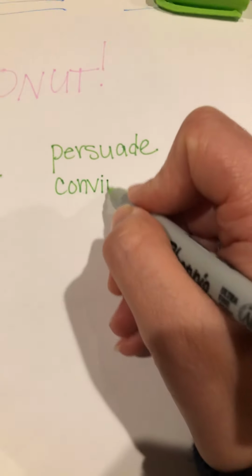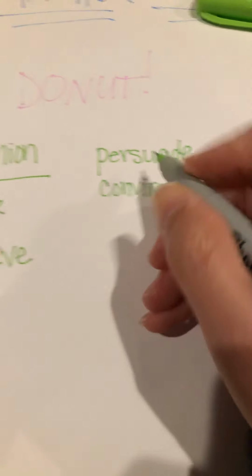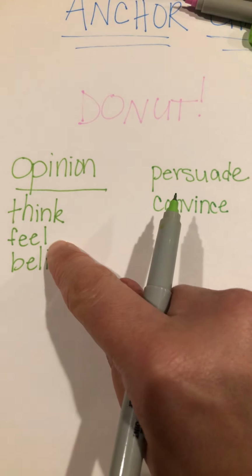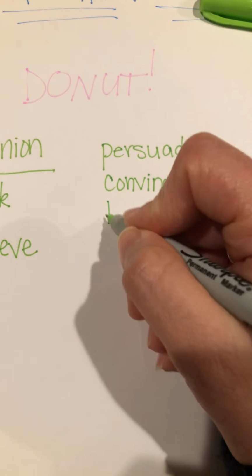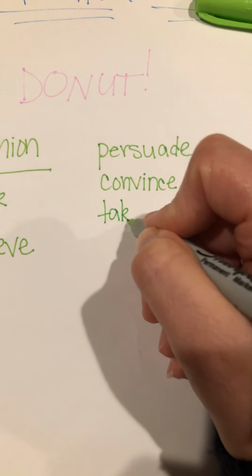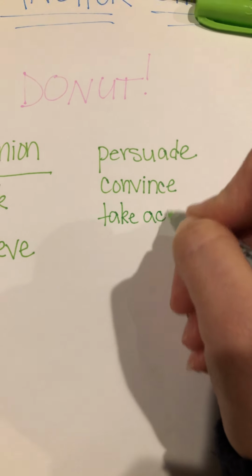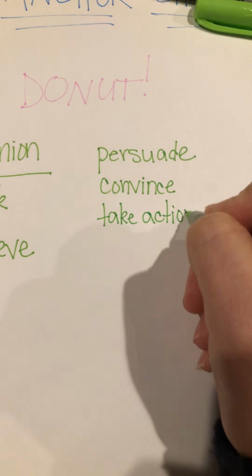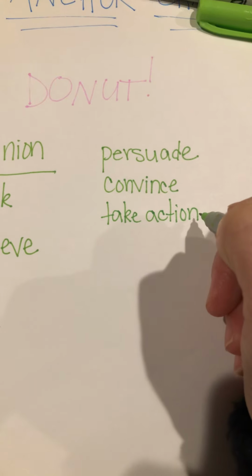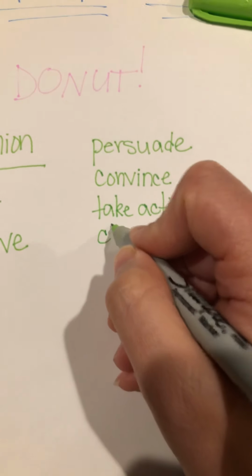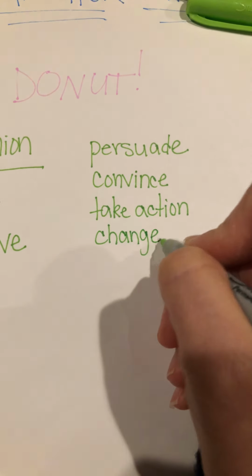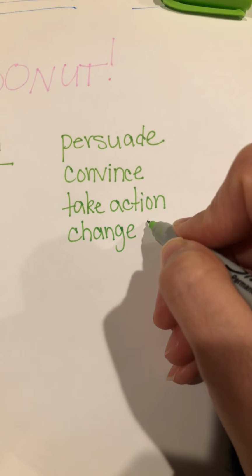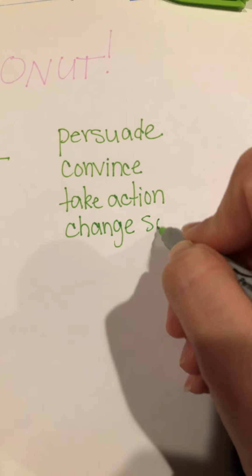Maybe you're going to convince someone to think what you think, feel what you feel, believe what you believe, okay? Maybe you're going to want someone to take action on something. Okay? Another thing you might want to do is change someone's mind. They might already have an opinion about it, and you want to change their mind. So change, we'll say someone's mind.